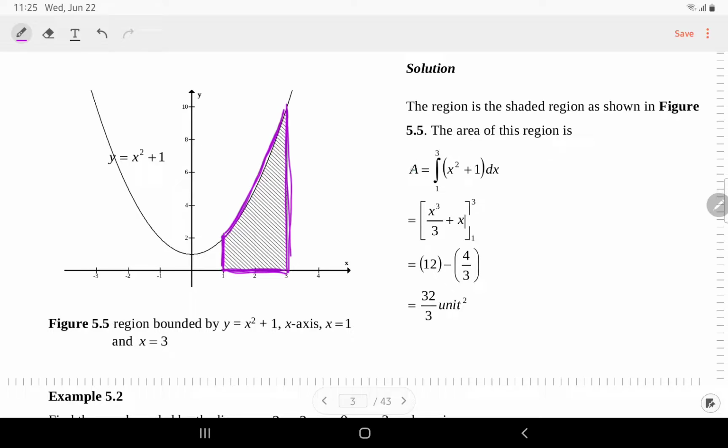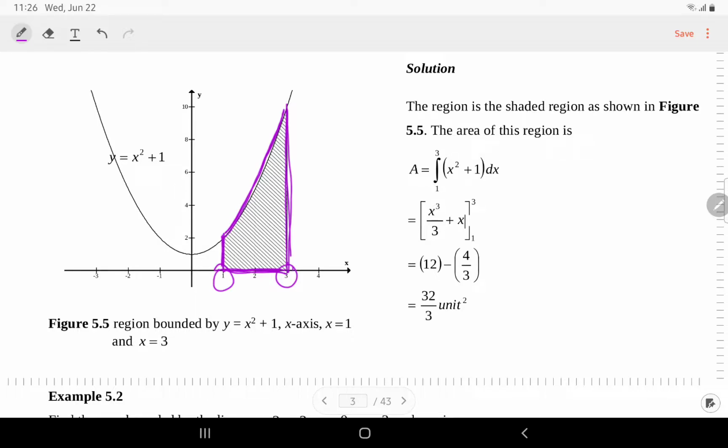To find A, the area equals integral from 1 to 3. Okay, kita kena integrate from 1 to 3, sebab dekat sini 1 to 3, and then insert the function x squared plus 1, integrate by dx. Ingat tadi untuk formula in figure 5.1 and 5.2, we need to integrate it by dx.